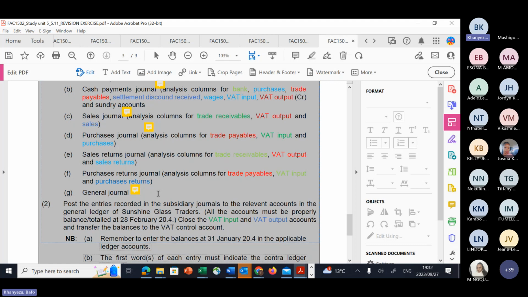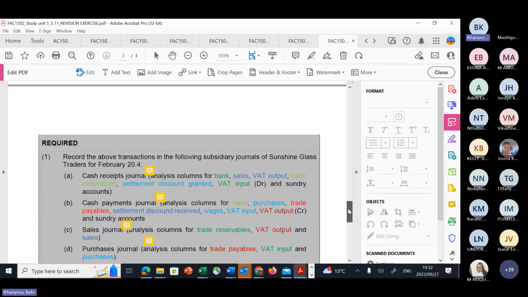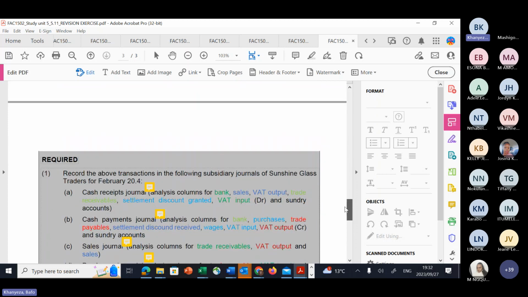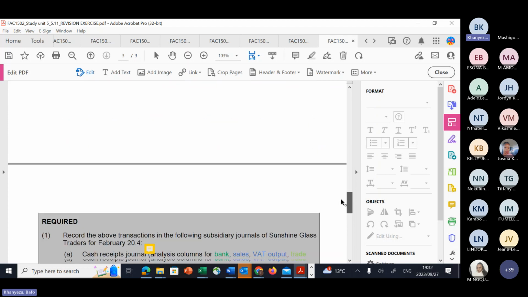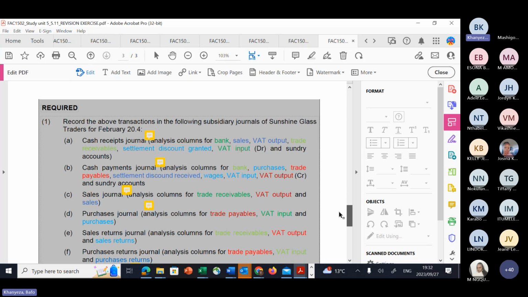Even though it's just your Excel spreadsheet, the sales journal and purchases journal and all like that, right at the moment we have to analyze each transaction to say what it goes to. Here we have the analysis columns: bank, sales, VAT output, trade receivables, and so on.